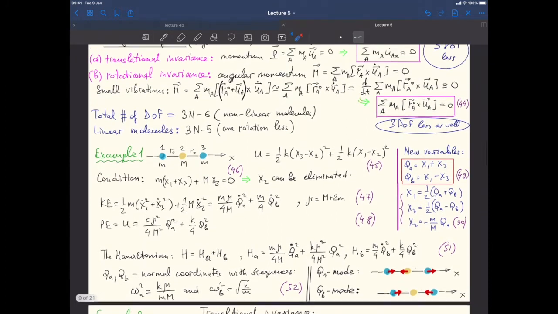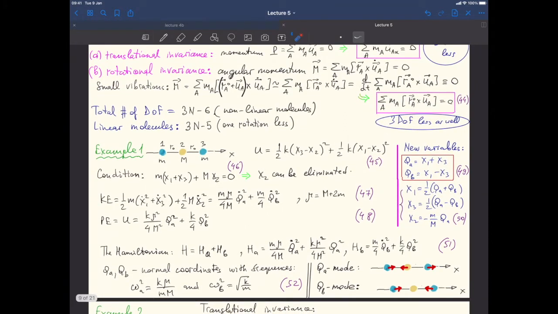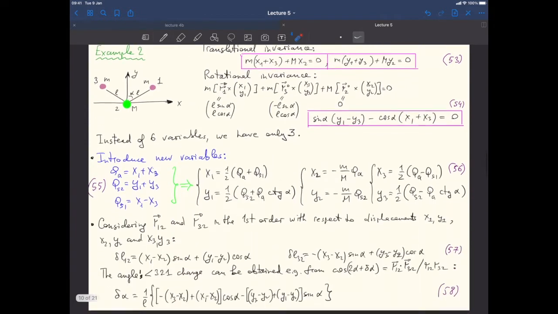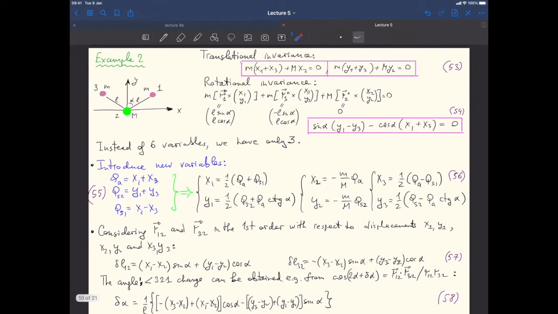And rotational invariance requires that we take a vector product of the actual position of each atom and its displacement and sum over all atoms. So here we need to specify equilibrium positions of each atom. Atoms 1 and 3 would have these equilibrium positions, and the equilibrium position of atom 2 is 0, so that term will not contribute.